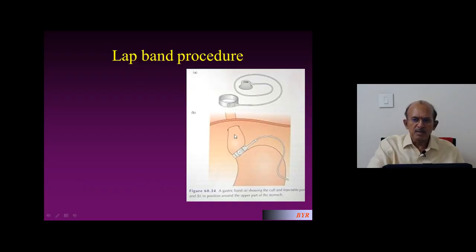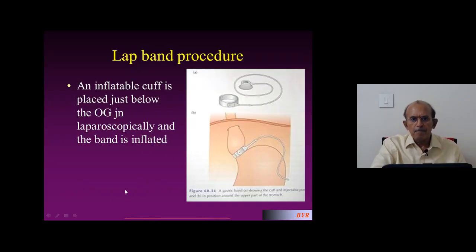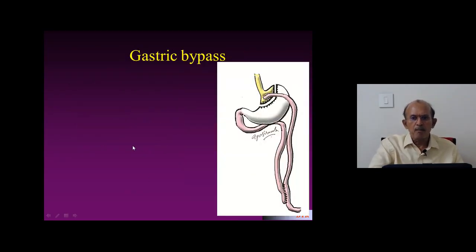Whenever the patient takes a meal, that meal fills this small pouch of stomach, and the patient feels satiety. That means, okay, my stomach is full, I don't want to eat. That feeling comes because of this small stomach. So this works on the principle of reduced food intake into the stomach. An inflatable cuff is placed just below the OJ junction laparoscopically, and the band is inflated.